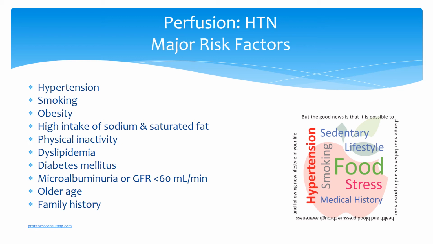Diabetes, and alterations in their glomerular filtration rate, which means a lot of times with our patients that are in renal failure, their kidneys shut off, and so guess what? We have no way of getting rid of our excessive volume, so it stays in the body. So it just creates another issue for our heart. And as we get older, our muscles tend to not work as well.